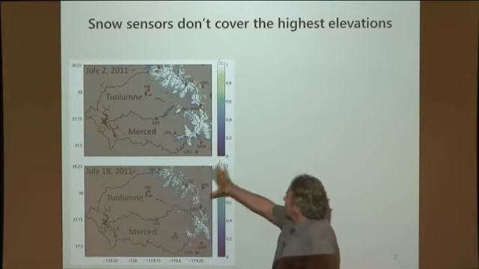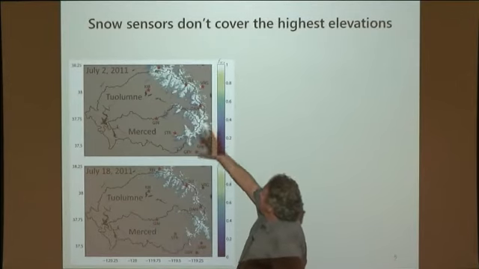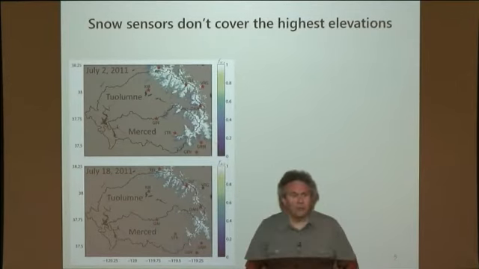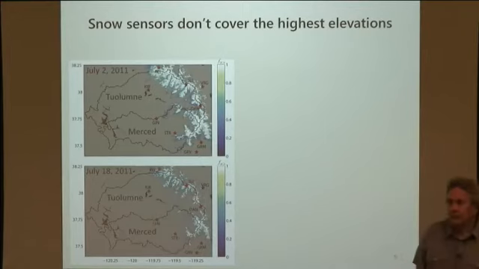But what you see on the left for a 2-week period in 2011 is that in July, all of the snow sensors are below the snow zone. And yet, there's a fair amount of snow that's still in the watershed.